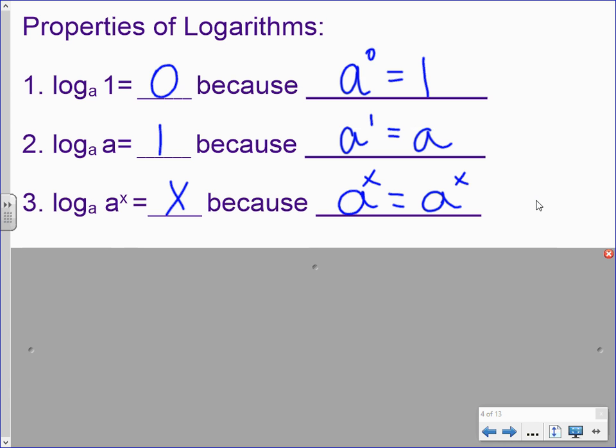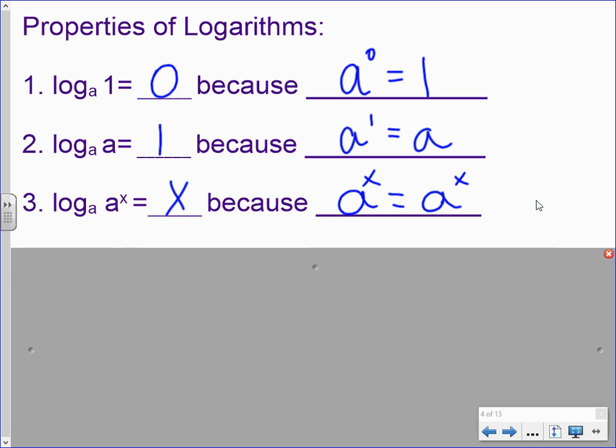Jackson mentioned log base 2 of 8 is 3 because 2 cubed is 8. Well, we can rewrite this as log base 2 of 2 cubed. That was his example. These properties can help you evaluate logarithms quicker without a calculator.